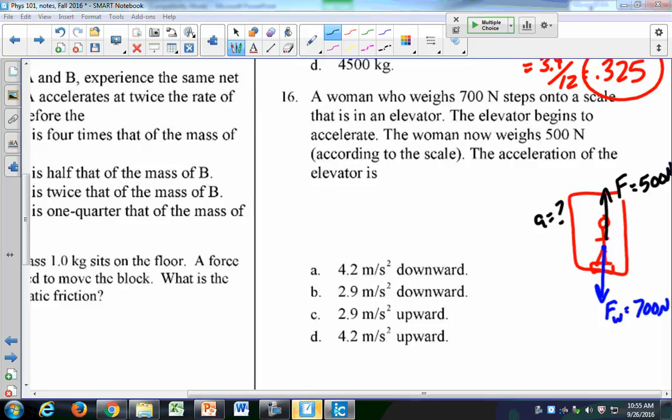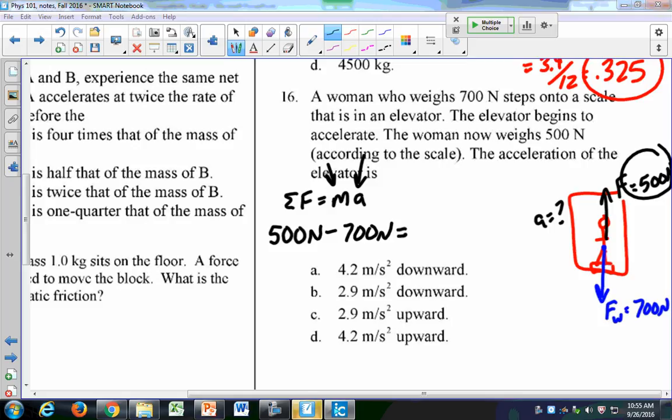All right? So I start with Newton's second law. Sum of the forces equals mass times acceleration. And I want to solve for this acceleration. In the course of that, I also need to know what the mass is, so we'll have to figure that out. So I'll say 500, that's the upward force right here, minus 700. It's negative because it's down, a negative vector. And then we need to know our mass.